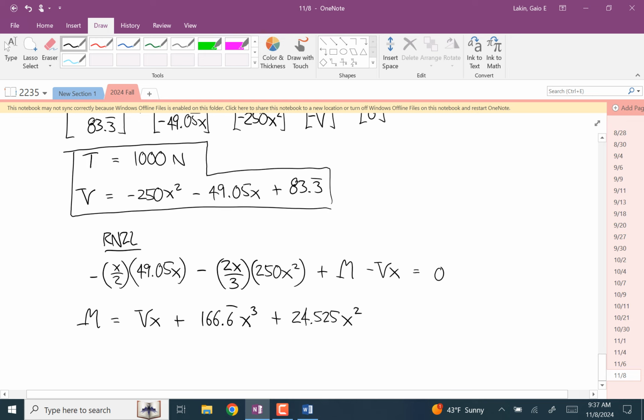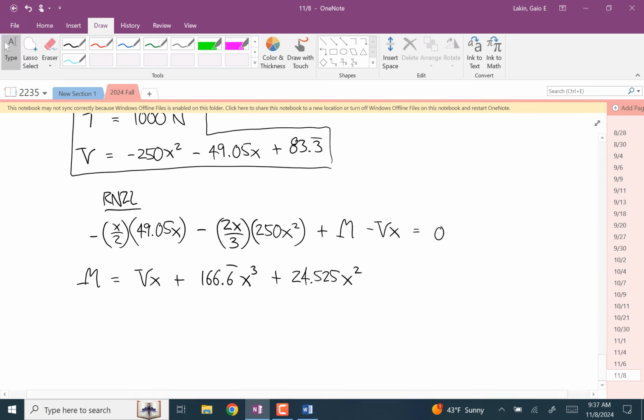And now we have to plug in the V. We're just going to multiply x to this expression for V that we had already.